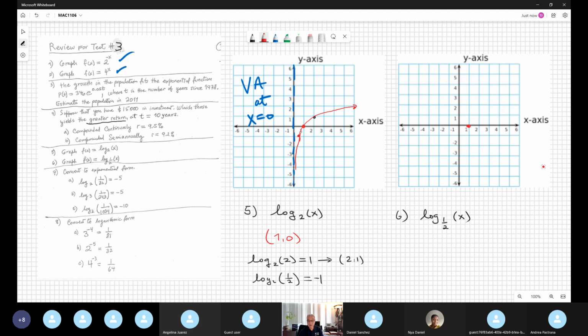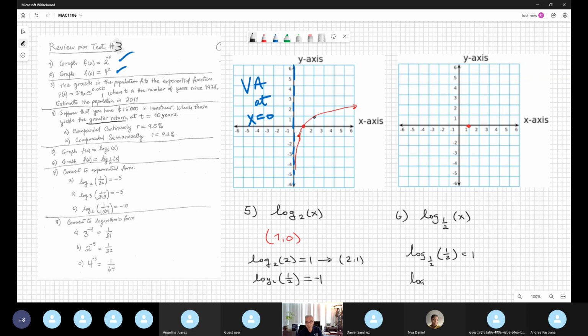The idea for number 6 is very similar, but you apply logarithm base 1/2. Logarithm base 1/2 of 1/2 is obviously 1. The same idea: you see, there is perfect coincidence between the base and the argument. The answer is 1. It's the same. It's this point.